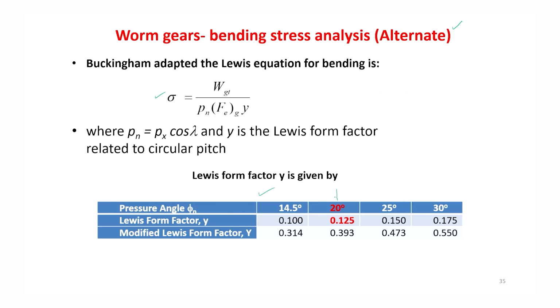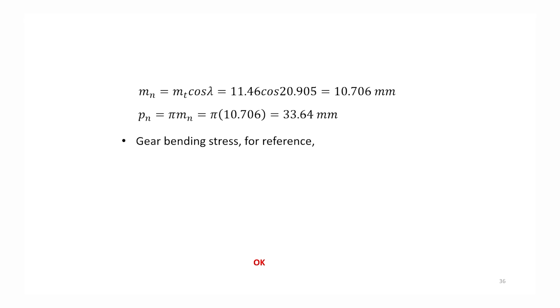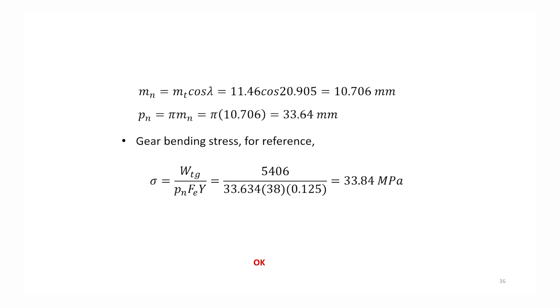In our case, it is 20 degree, and so Y is equal to 0.125. So, substituting that, we get the value of sigma as 33.80, but the allowable value of sigma is equal to 5,502 Newton, and so it is okay.